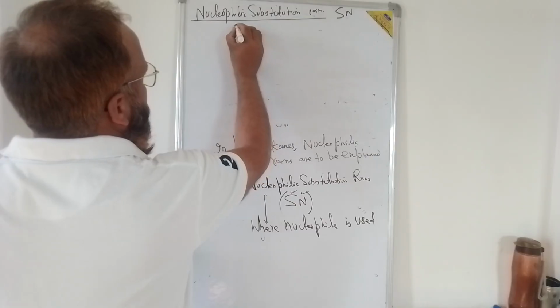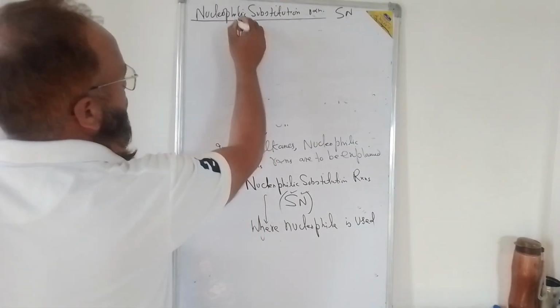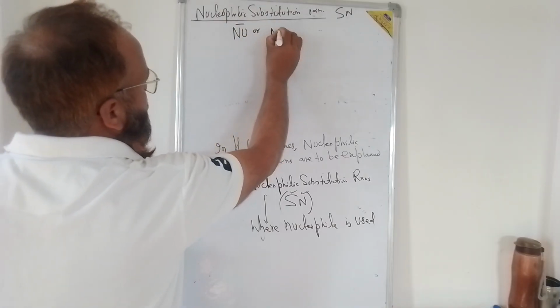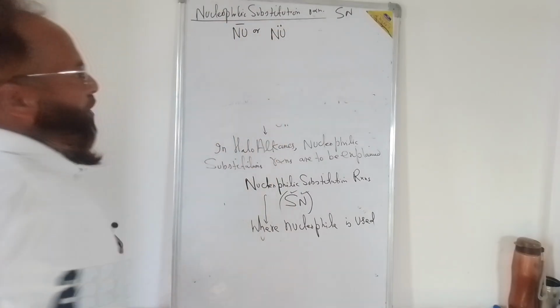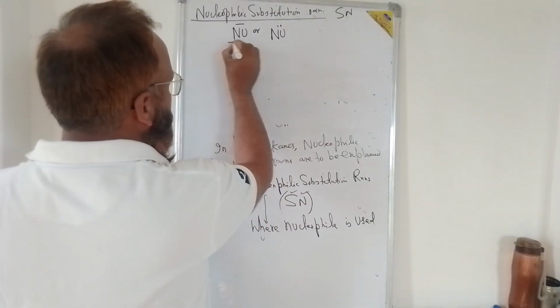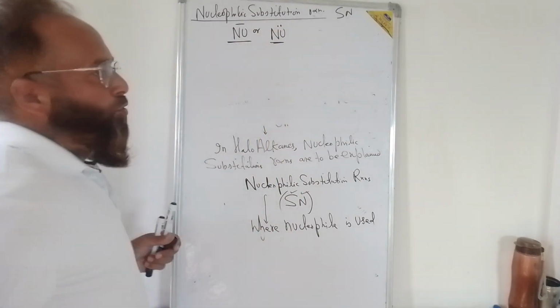Nucleophile is represented in this form or in this form, with a negative charge, or you can say Nu with two dots. Two dots means two electrons. You can write Nu in this form or in this form, that's a nucleophile.